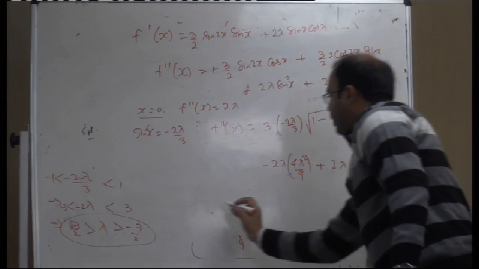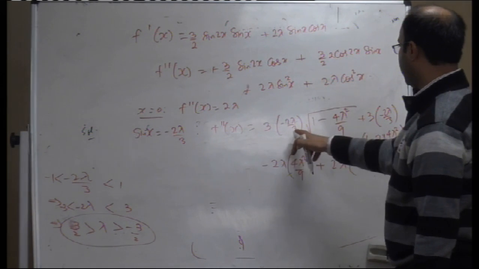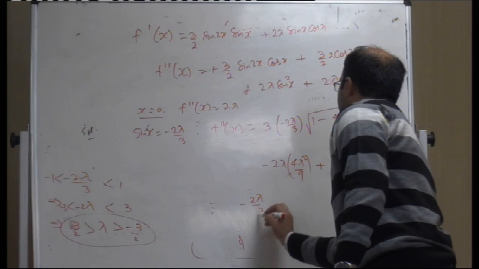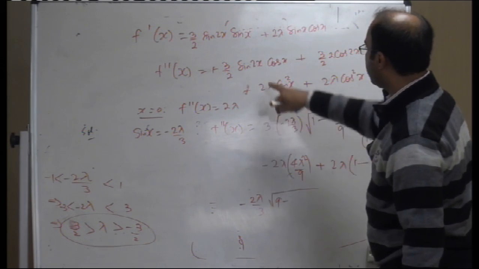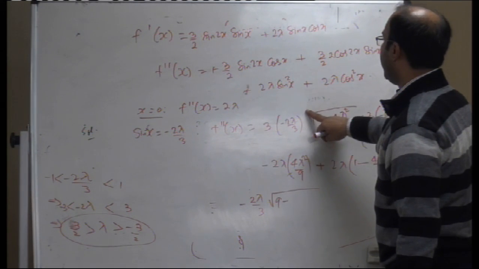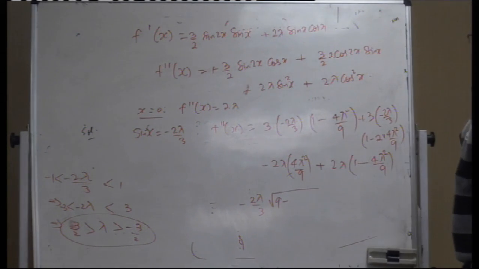Now just calculate this, what you get finally. This would become 3 and 3 and this would become minus 2 lambda by 3 root over 9 minus, this had become actually 2 sin x into cos square x. So this square root we don't need, it is okay, we can write without a square root.